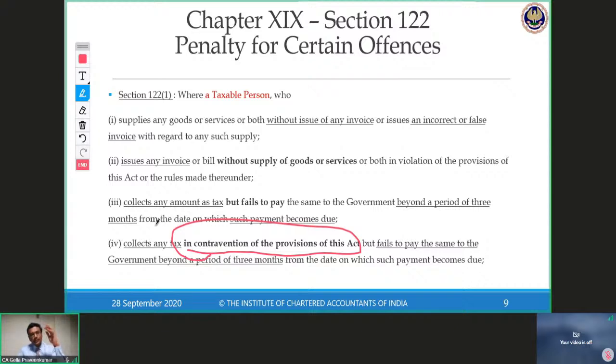So these are the 4 things we have to keep in mind. Remember always the first slide: one talks about registration, second talks about fraud and misrepresentation, third talks about registration, fourth talks about non-payment of tax. So these are the 4 buckets which we need to keep in mind when we are talking about these offenses.